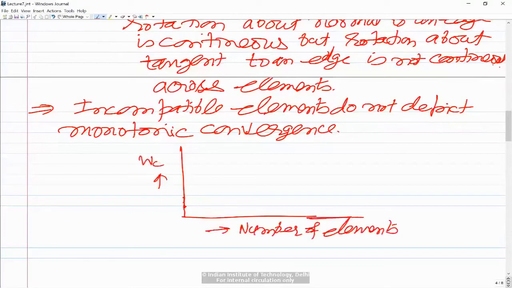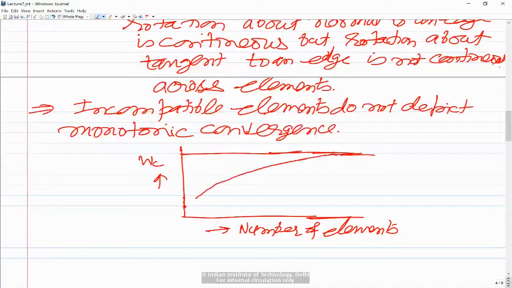So let us say the exact solution is somewhere here, which is constant. If we have a compatible element, it will depict a monotonic convergence. That means we will start with some W values, and when we keep on increasing the number of elements, W would increase and finally tend to the exact solution.